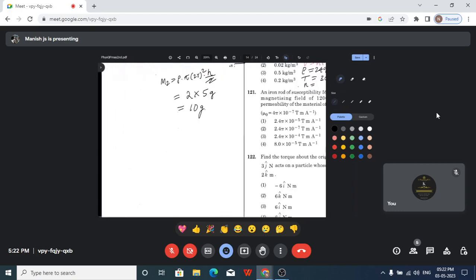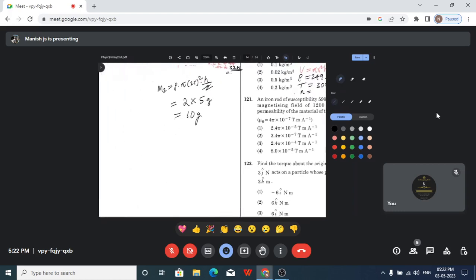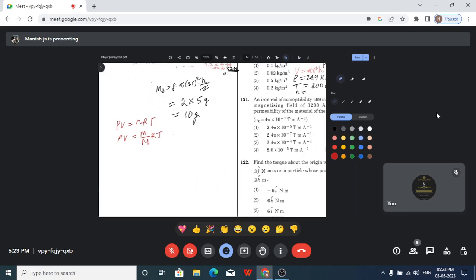When you substitute, I'll solve it here. You started off well. So you know that PV is equal to nRT. We wanted to find out what is density. So we can say PV is equal to number of moles, mass upon molar mass, into RT. Now here we need to relate density. Density is mass by volume, so you need to bring the mass by volume fraction.